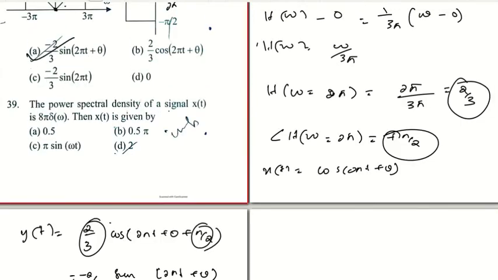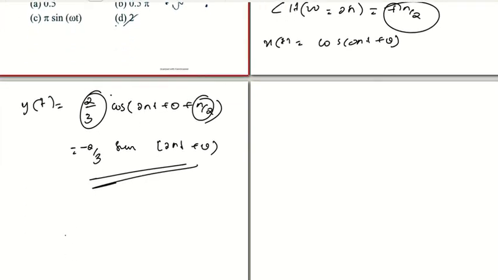The power spectral density of a signal x of t is 8 pi into delta of omega, then x of t is given by? So the power spectral density is given here. This is our 39th question, and we have to find out x of t. We will first find our X of omega.